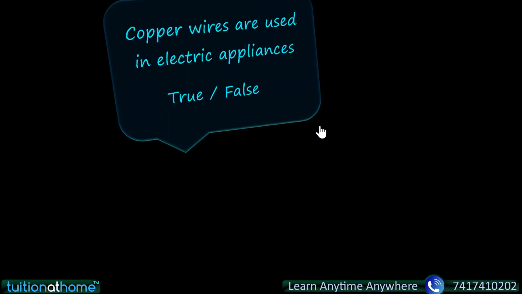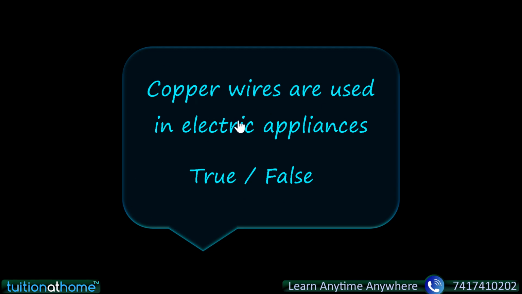Next, we have: copper wires are used in electric appliances. Is it true or false? You get such questions, students, so first understand the requirement of an electric appliance: something that conducts electricity is what we will put in the electric appliance, correct?